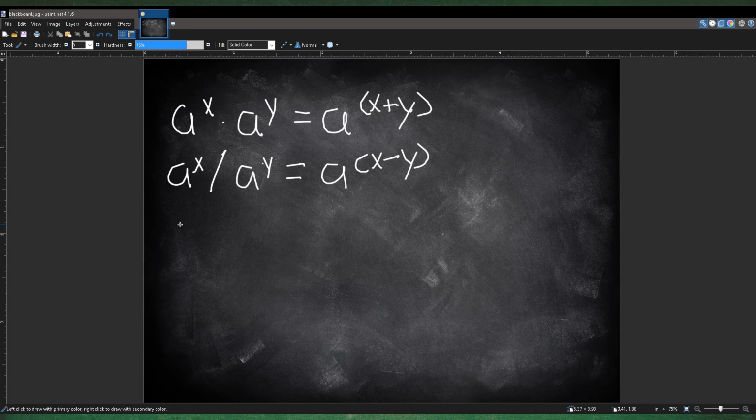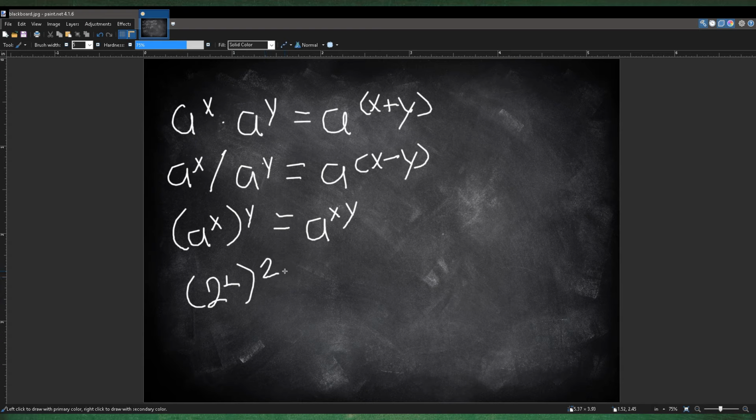And then there is the power rule, which says if a to the power of x is then raised to another power of y, it will be a to the power of x times y. That's basically what it says. So let's say we have 2 to the 2, right? And you have that raised to the power of 2.